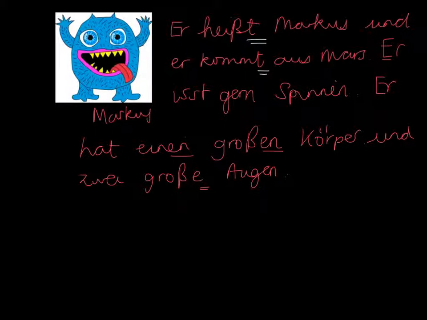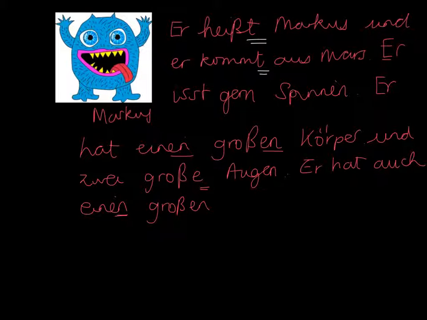Right, what else? He has got a large mouth and spiky teeth. But I could say he also has, which in German is hat auch. Einen, because Mund is der, einen großen Mund, and spiky teeth.